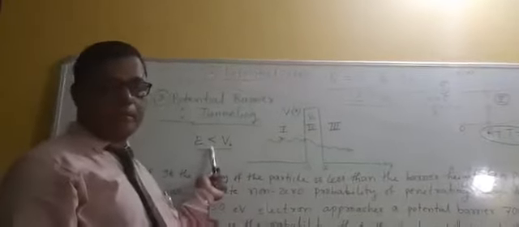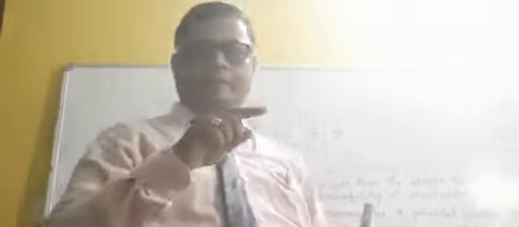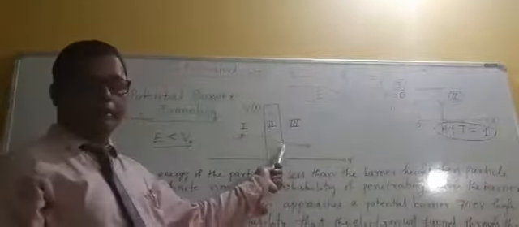Even if the energy of the particle is less than the barrier height, there is a non-zero probability that the particle can go to region 3 through tunneling. So this is called tunneling.